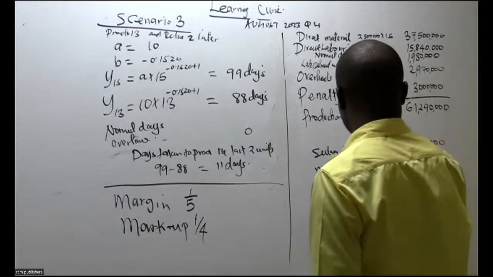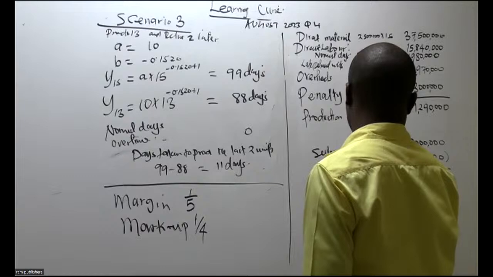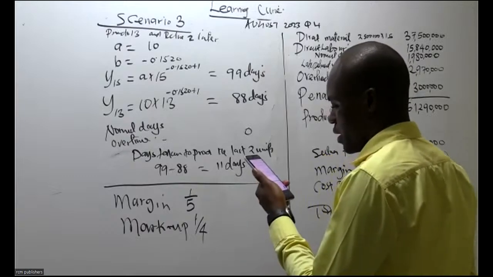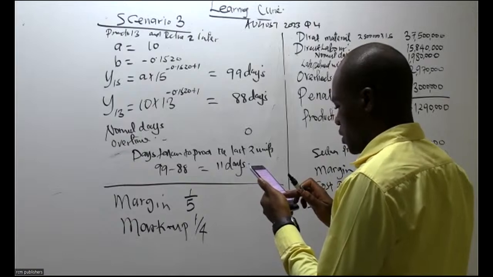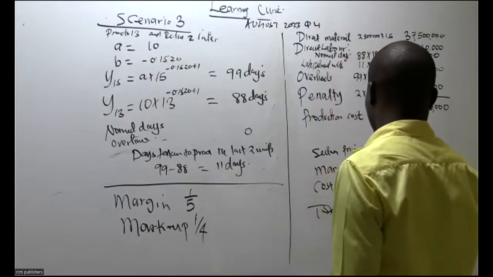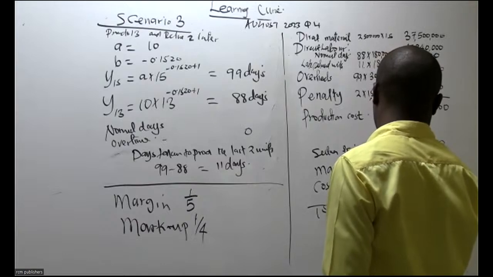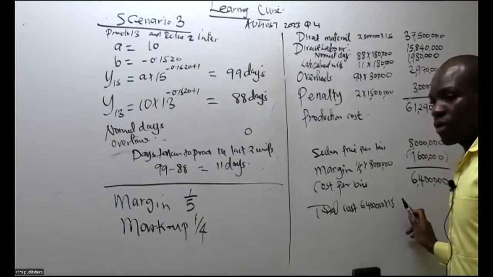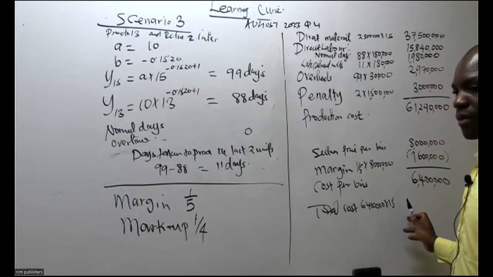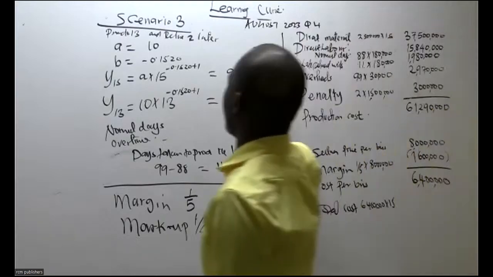Now, one bus total cost, or what is the question there? Yes. So total cost itakuwa 6400 by 15. Tutakuwa na ngapi hapa? By 15 itakuwa ngapi? 6400,000 by 15.